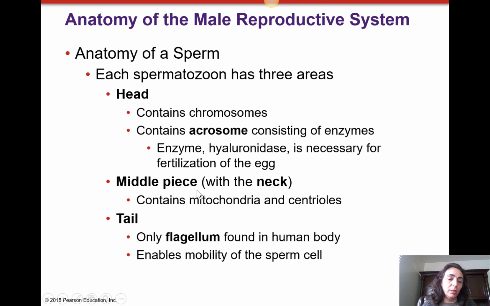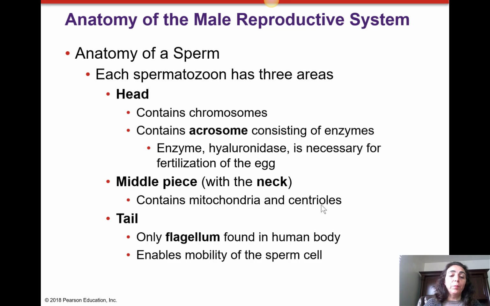The middle piece of the sperm, or spermatozoon, includes the neck here. It contains mitochondria and centrioles. Mitochondria, you know, are for the production of energy, right? For ATP production.